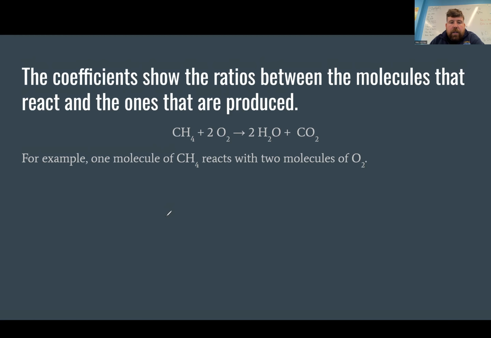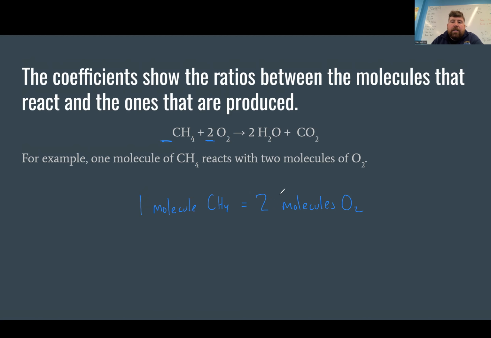If this is a ratio, that means that once again, one molecule of CH4 is equal to one molecule of O2. Nope, sorry. Two molecules of O2. And where did that one and two come from? That one and two came from the balanced chemical equation.